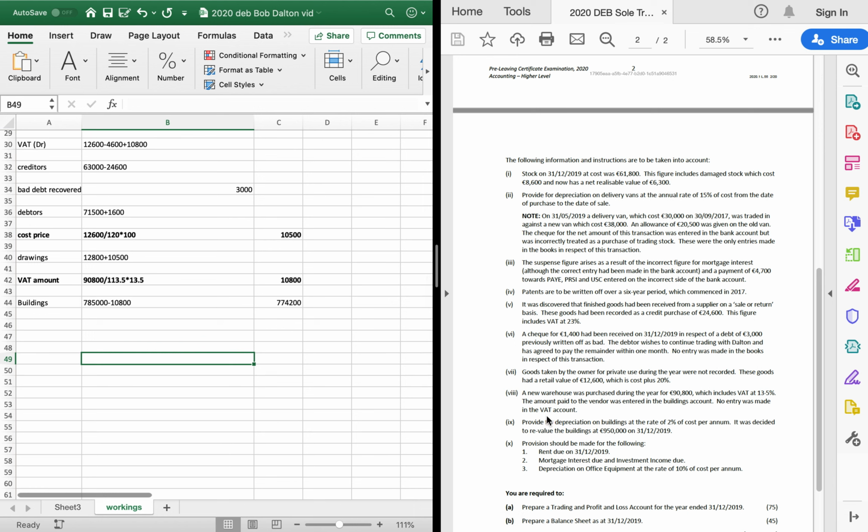Buildings. So provide for depreciation at the rate of 2% per annum. So the depreciation of buildings should be 2% of the 774,200.